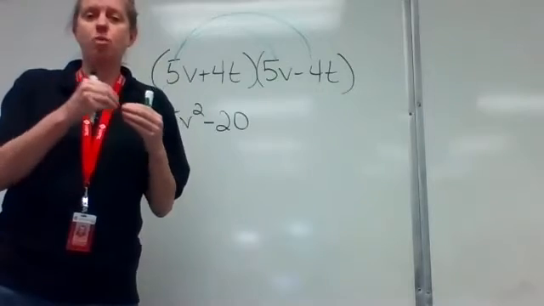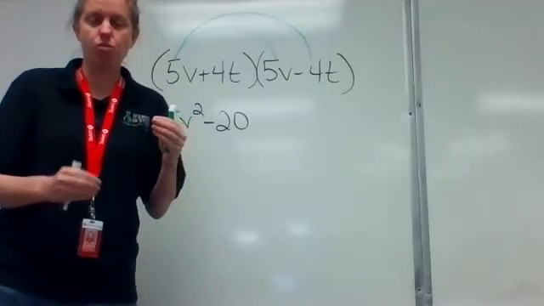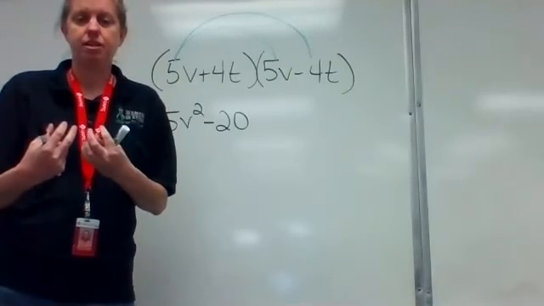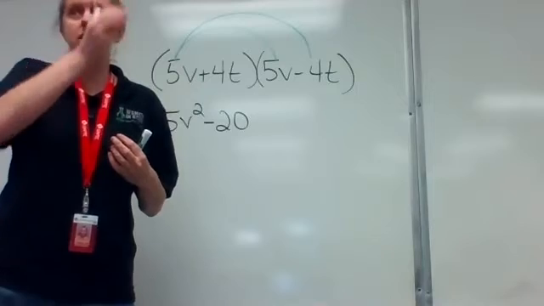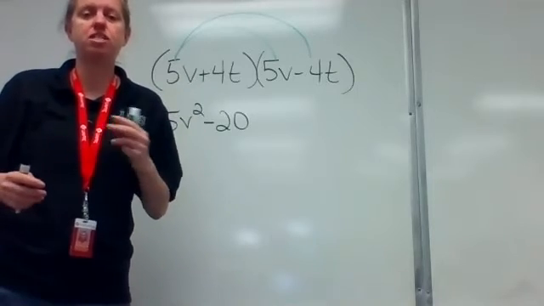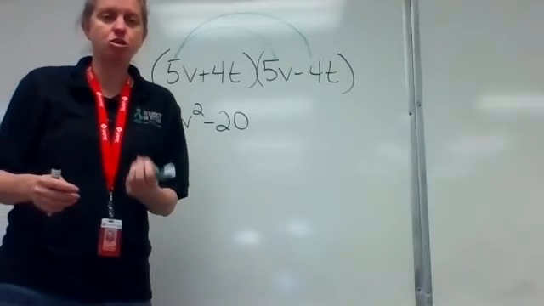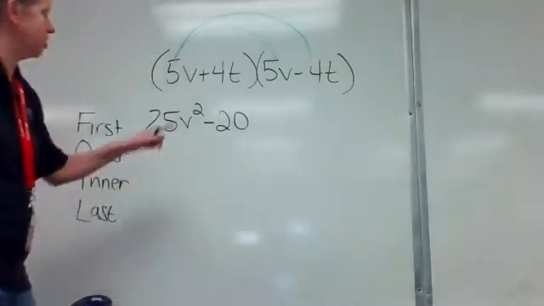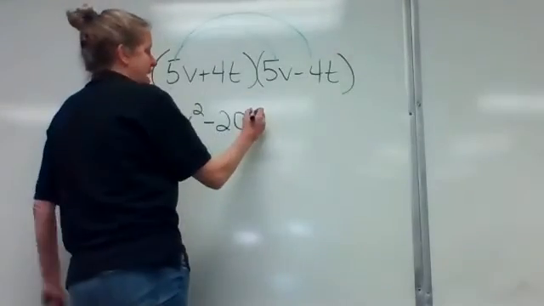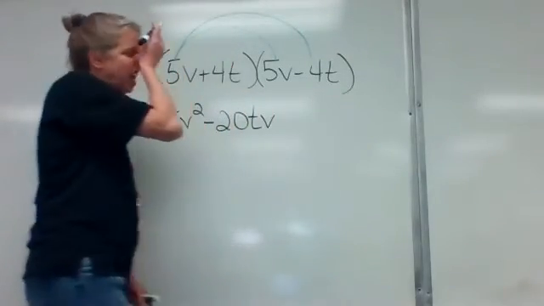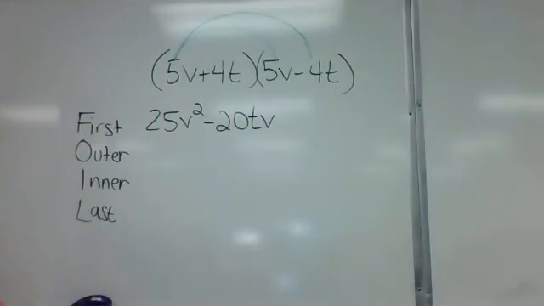But I always like to write them in alphabetical order when I hook them together, so that later on, if I'm looking for like terms, it's going to be clear that those are like terms with each other. So when I hook the V and T together, I'm actually going to write it as TV just to put them in alphabetical order. You can write that as VT if you want.